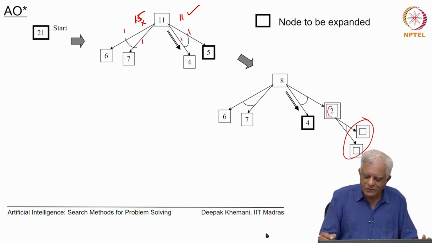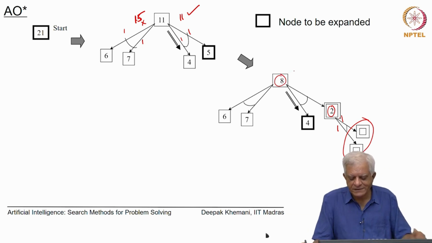So, the only cost 2 that we have is the cost of these two edges 1 and 1, and the value has gone down from 5 to 2, and correspondingly the value of root has gone down from 11 to 8 essentially. It was 11 in the previous case and it is 8 now.